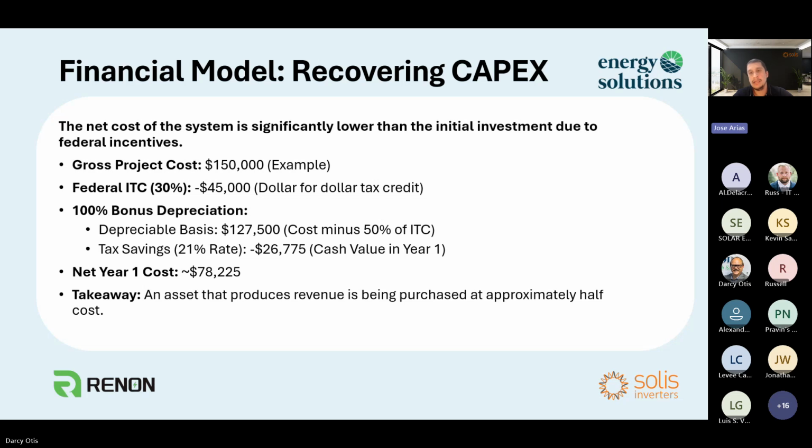And you can see from this specific slide that you are paying for the system roughly half the cost. In some other specific scenarios, you will be paying two thirds of the cost only, but it's still a good business.